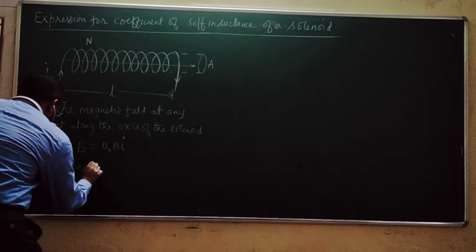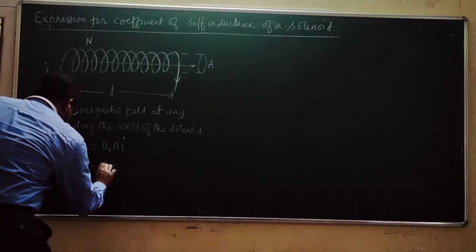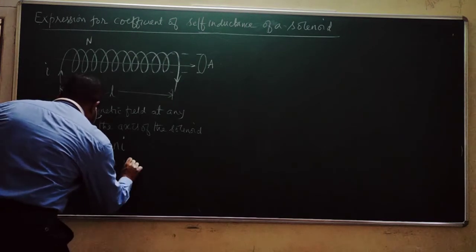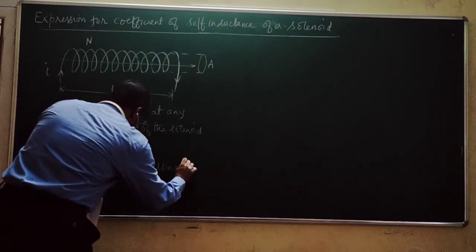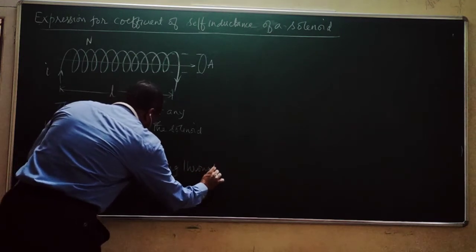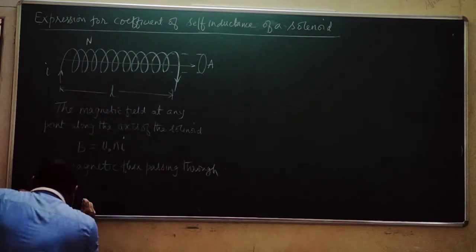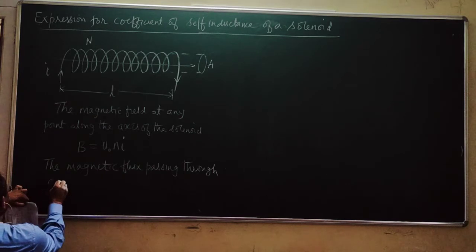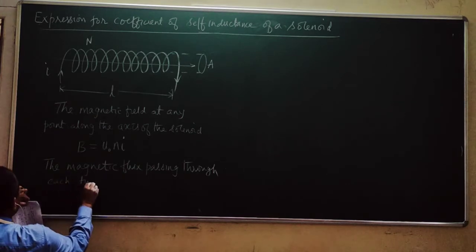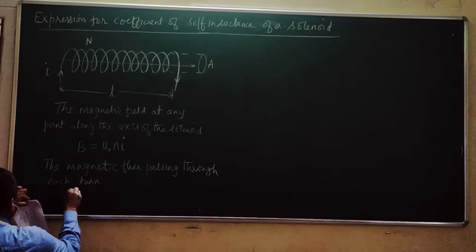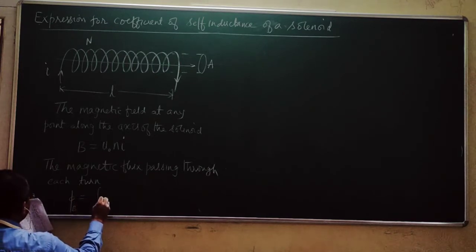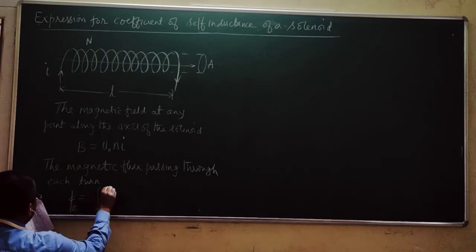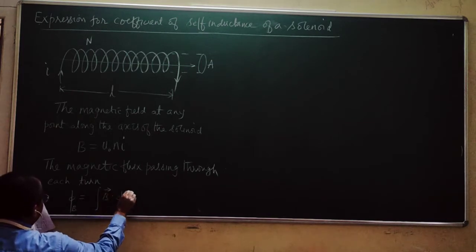The magnetic flux passing through each turn, phi B, is equal to the integral of B vector dot dA vector.